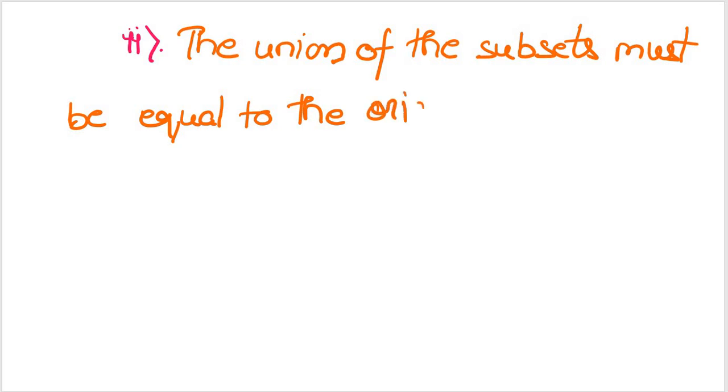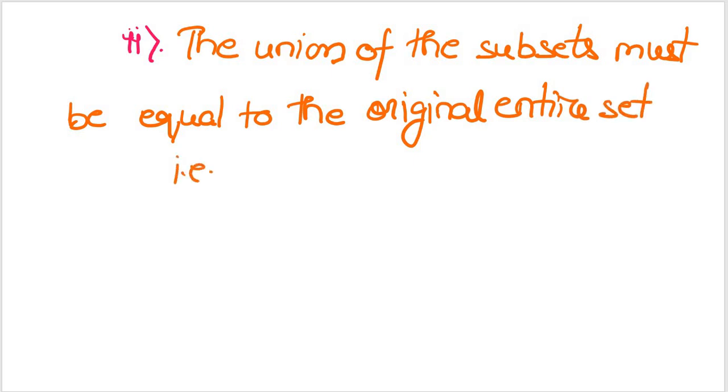That makes sense because we have already partitioned it. So if I am taking the union, once again I should get the set back. That is, if A equals P1 union P2 union up to Pn, I should get back the entire set. This was about partitioning of the set.